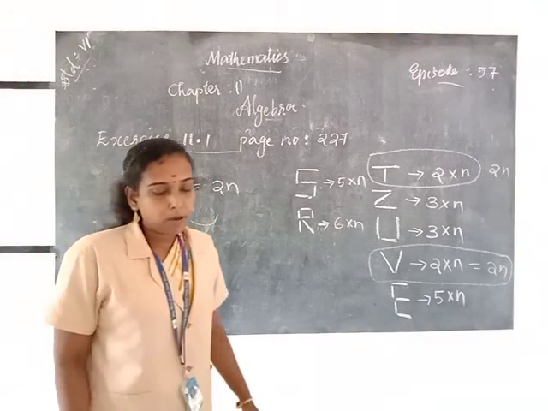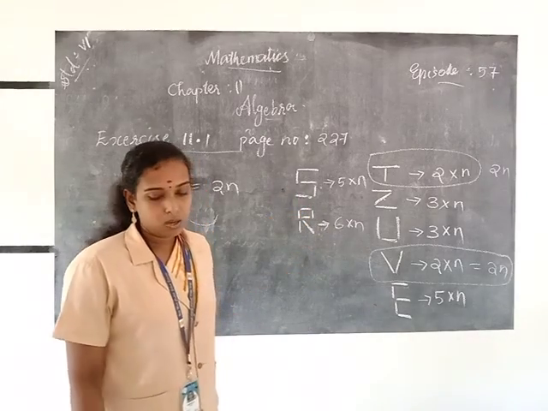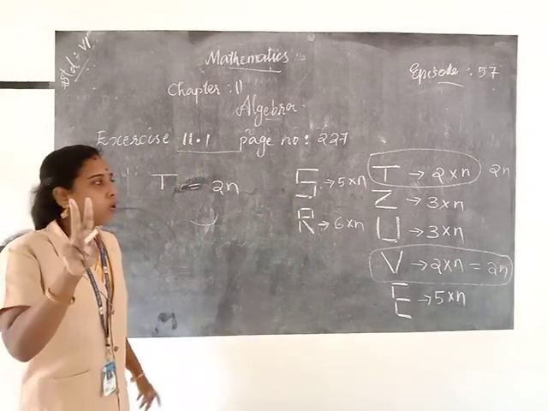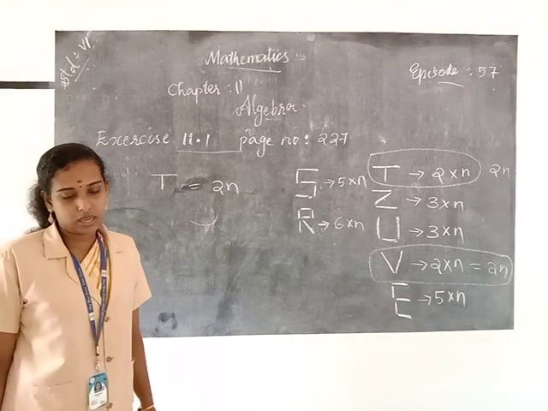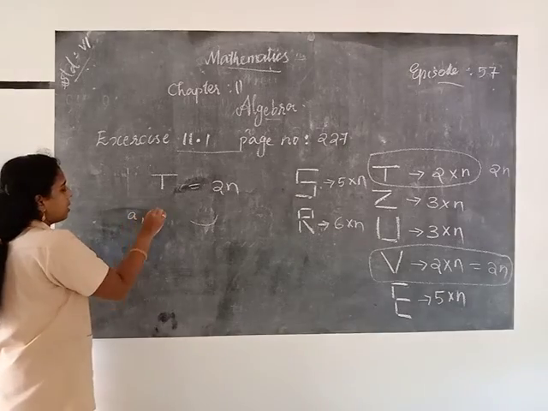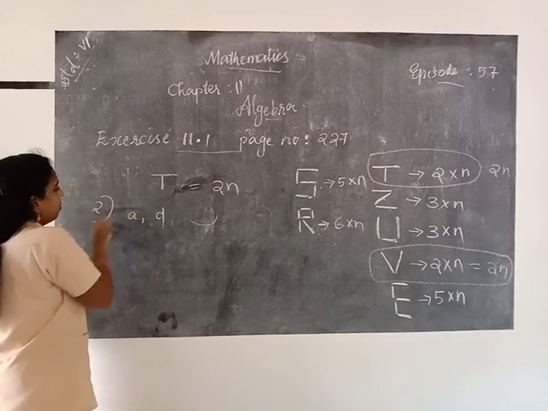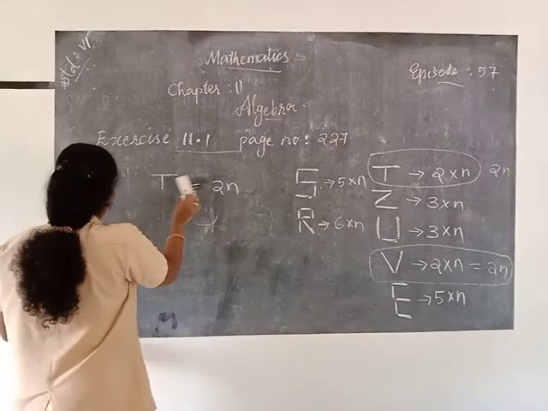Among all the letters from question number 1, T and V are the only two letters which require two matchsticks, and so the rule is the same as for the letter L. So the answer is A and D. Hence the answer is A and D. Okay. Then the next question.